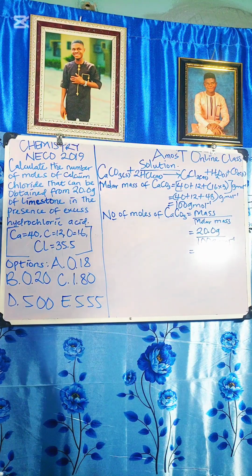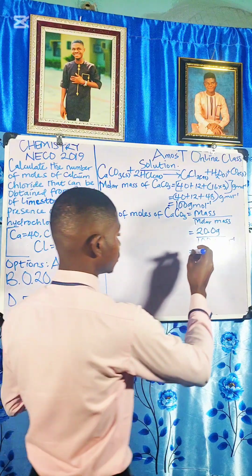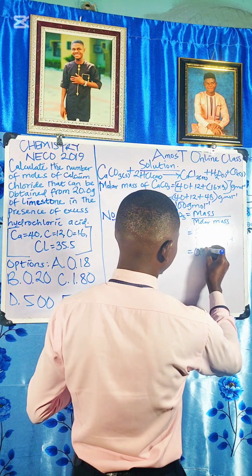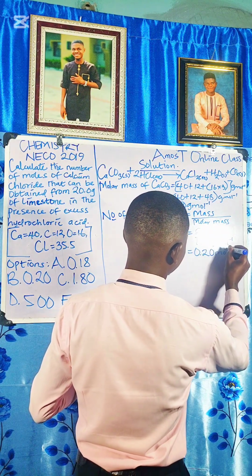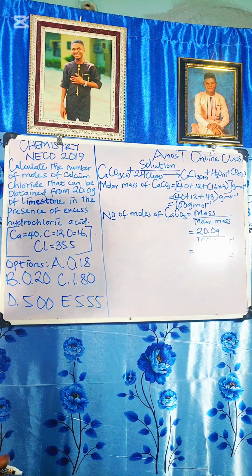Now 20 divided by 100 is equal to 0.2. So the number of moles of limestone is equal to 0.20 mole.